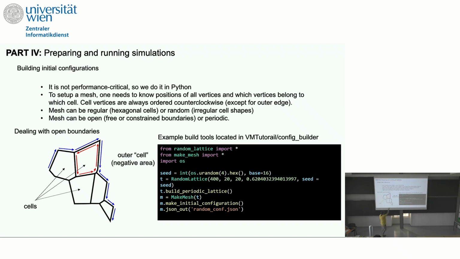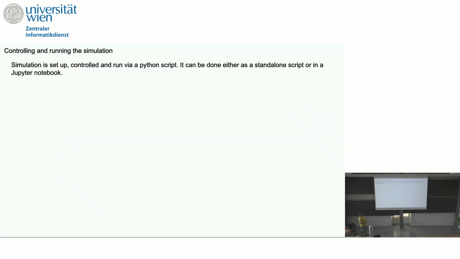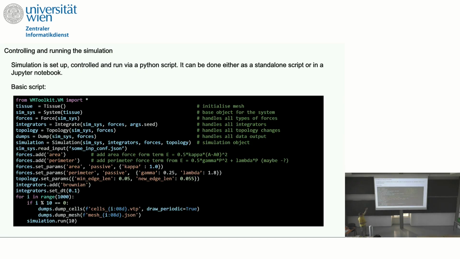The entire system actually has the topology of a sphere, so the outside is surrounded by a face which has a negative area, because you traverse it in the clockwise direction along these blue guys. Then you're completely oblivious to whether you're in a periodic boundary or not, so you can deal with both situations equally. When you have this, you set up a simulation like this, and you can play with the parameters.